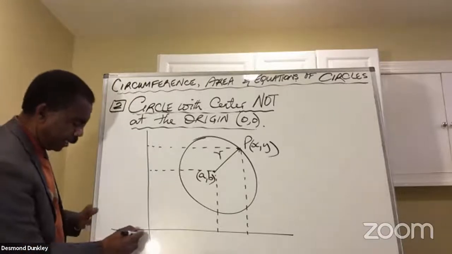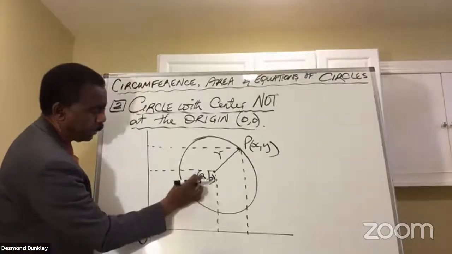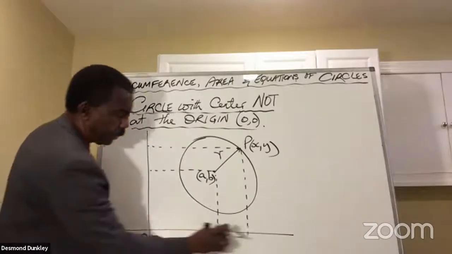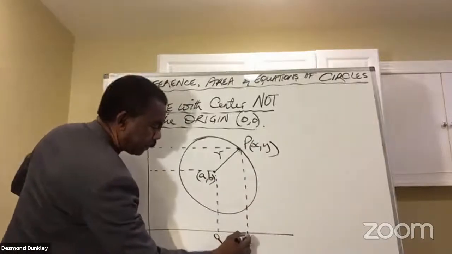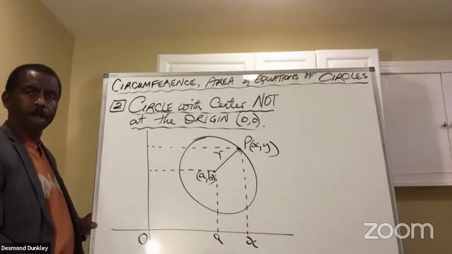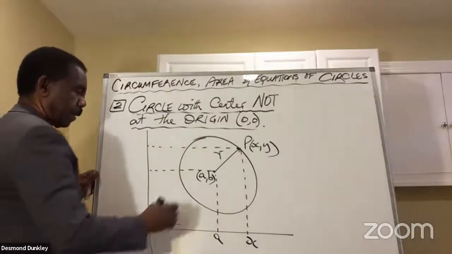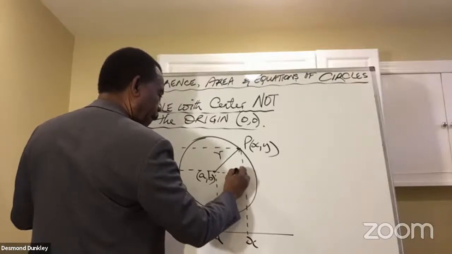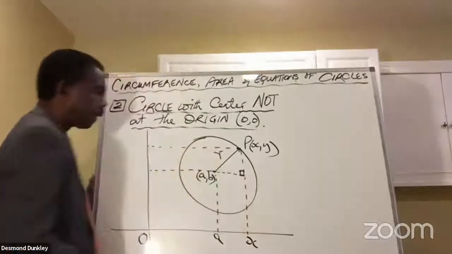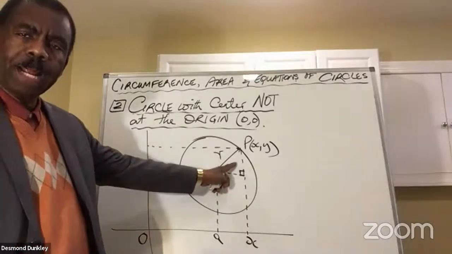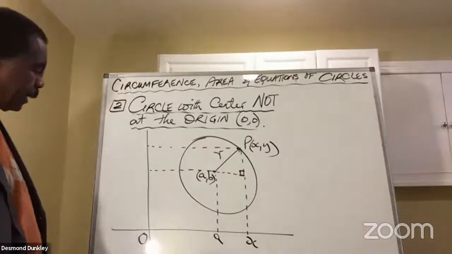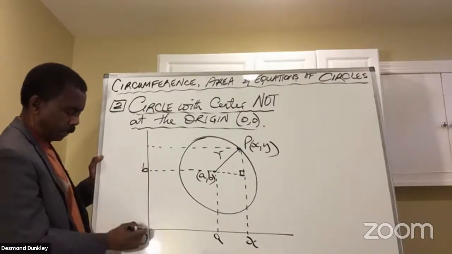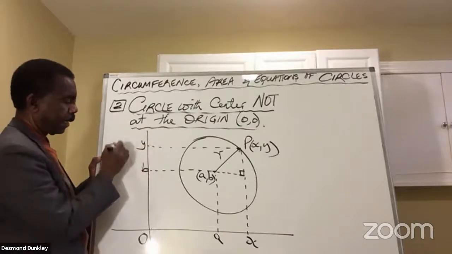From here, the origin, to here is your X value, so that's A. And from here to here, that's your X. So we're forming a right triangle right in the space right here. So look at this. From here to here is B. From here to here is Y.